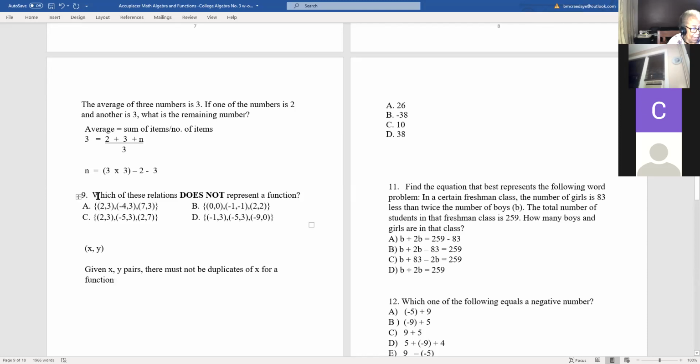So knowing that, which of these relations does not represent a function? Latoya? It's B. Which one does not? It will not be a function if I have duplicate x values. Remember, my x values come first. So I have xy, xy, xy. It's D. D as in donkey.